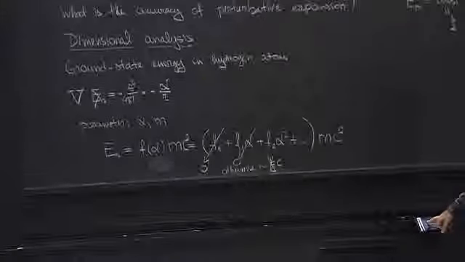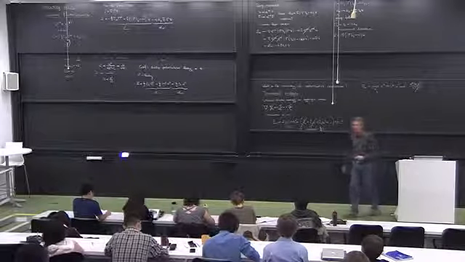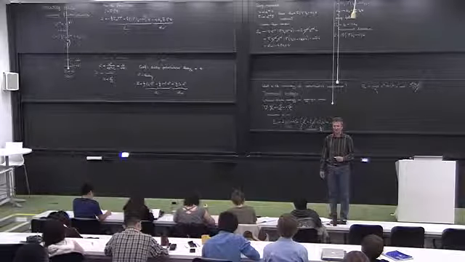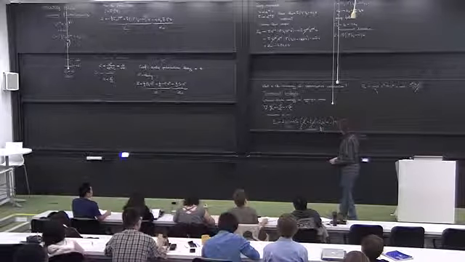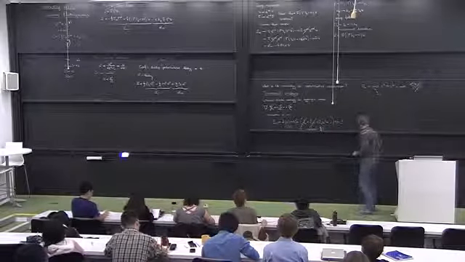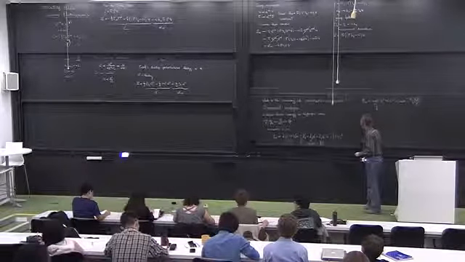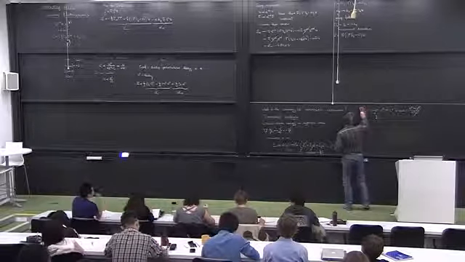So is the constant minus 1 by 2, right? Because it's a bound state. The ground state is a bound state, so the constant should be minus 1 by 2. Let's say the absolute value is this.